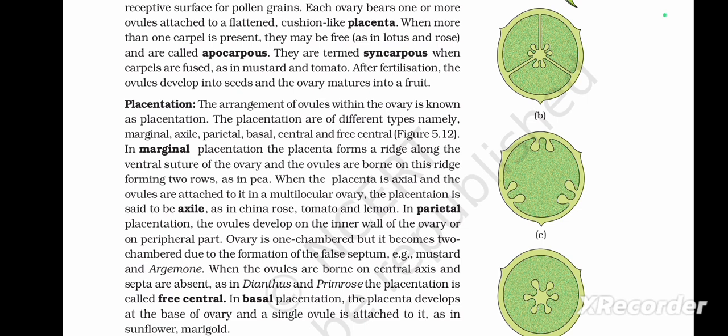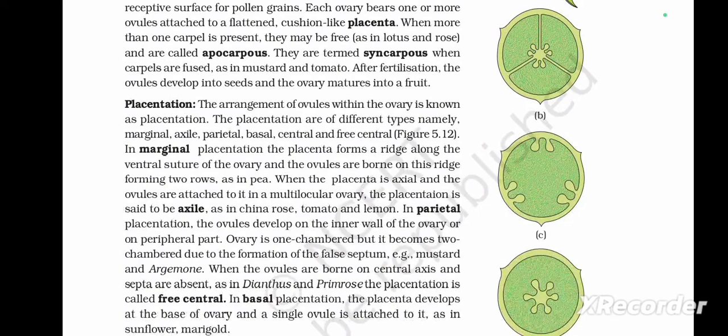In marginal placentation, the placenta forms a ridge along the ventral suture of the ovary and the ovules are borne on this ridge, forming two rows as in pea. When the placenta is axial and the ovules are attached to it in a multilocular ovary, the placentation is said to be axile, as in China rose, tomato, and lemon.